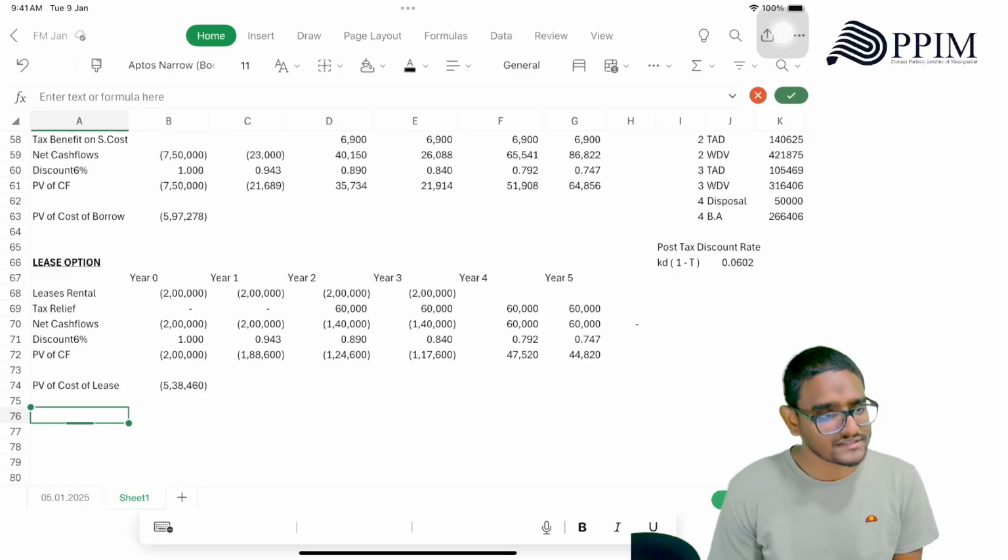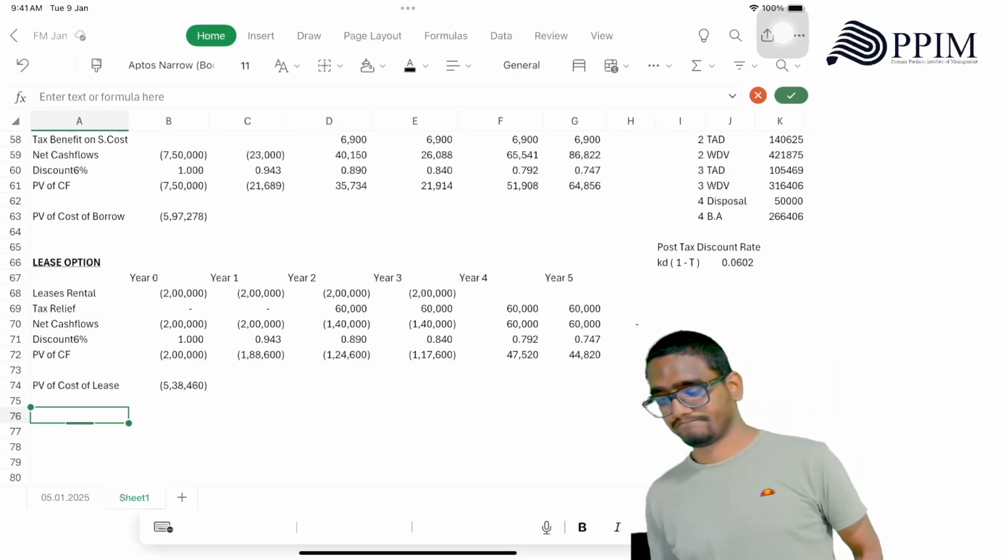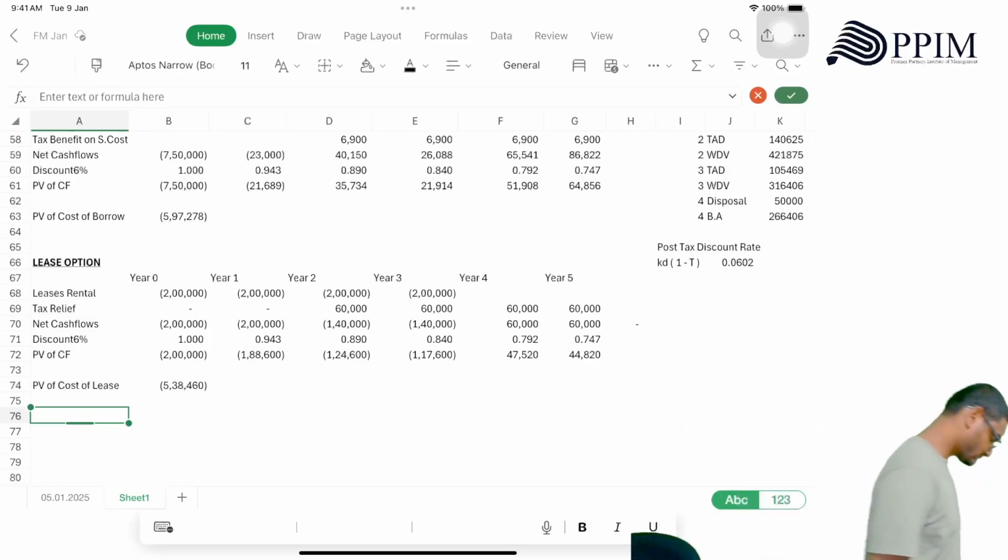Lease option tax relief is there. If you refer to the tip I gave you, under that, tax relief for lease option is given.